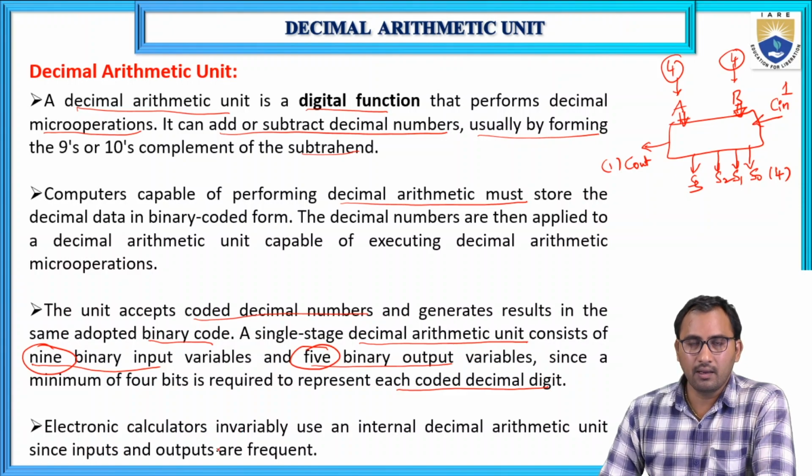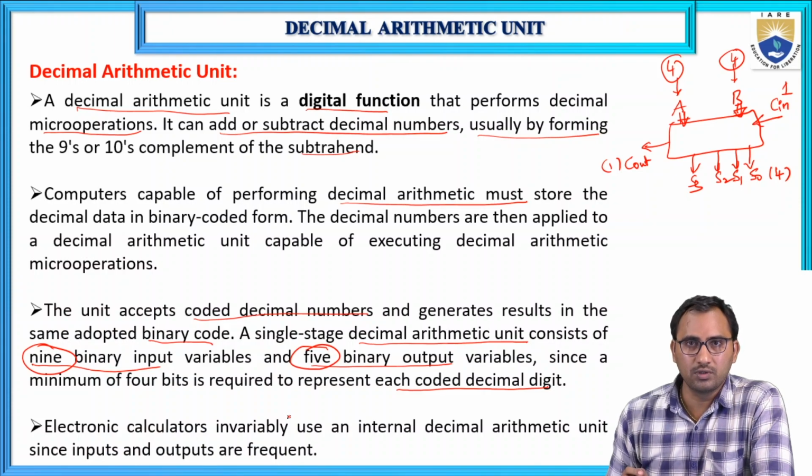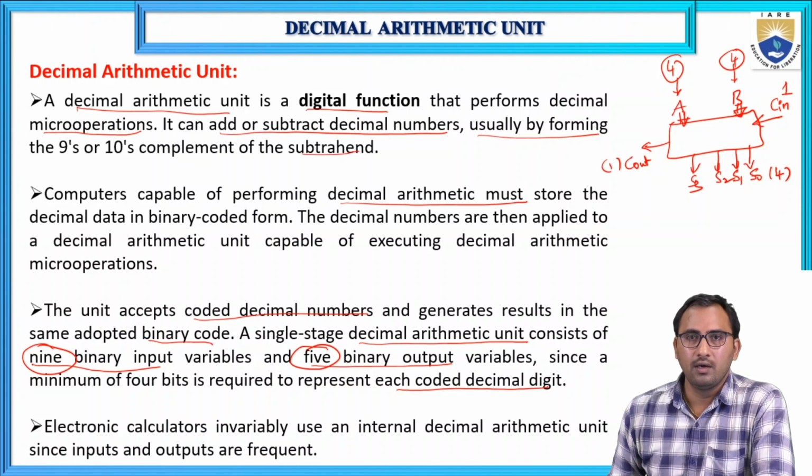Electronic calculators invariably use an internal decimal arithmetic unit, since inputs and outputs are frequent. The inputs and outputs are decimal numbers. If you consider a digital electronic calculator, we directly perform operations on decimal numbers, because we give the decimal numbers directly to the calculator.